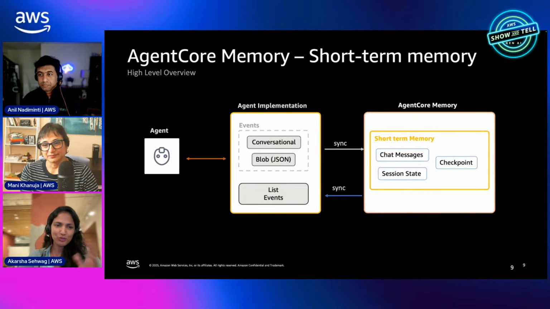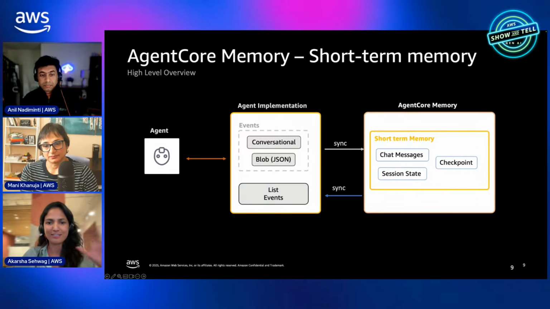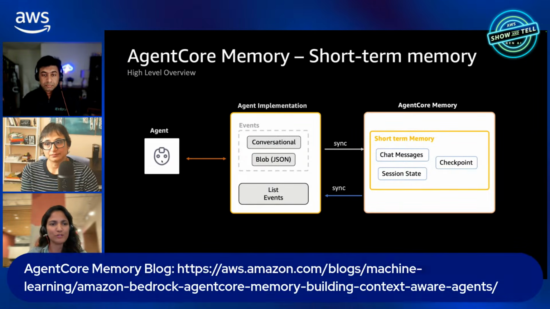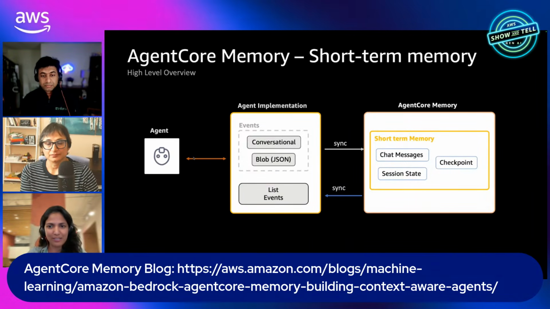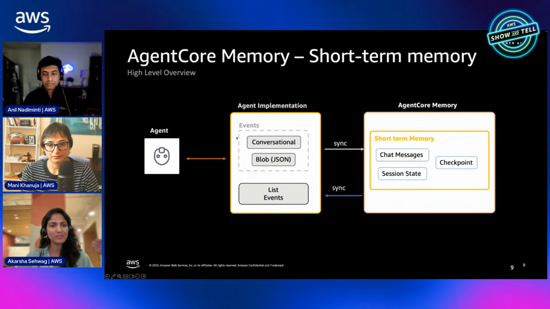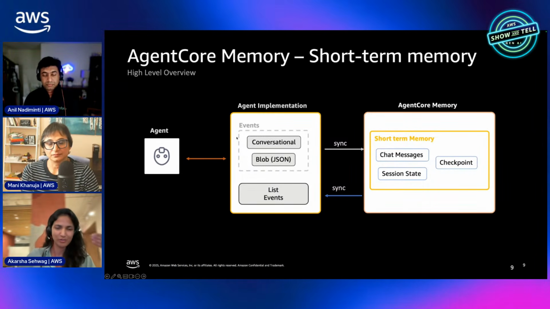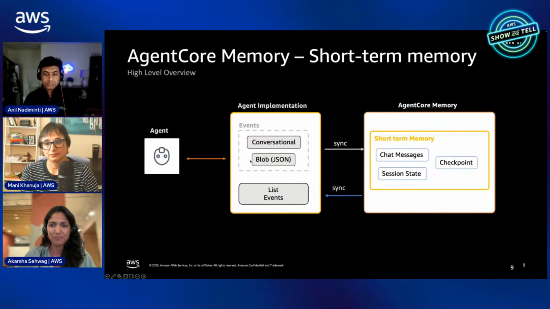Okay. So overall, what we are showcasing here is, let's say your agent is having a conversation with the user, right? It needs to store all of the immediate context that is happening, and that is stored in either conversational messages, or it could be a blob. The blob is essentially going in as a binary piece of information.